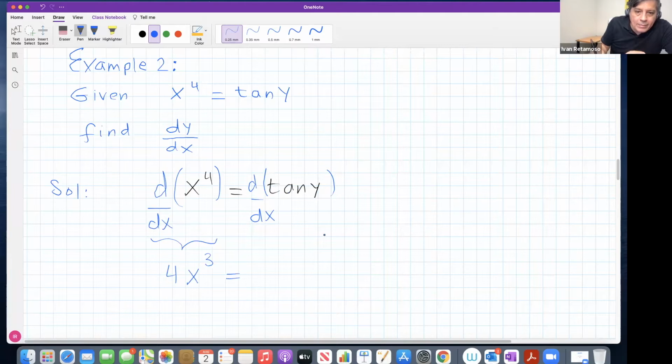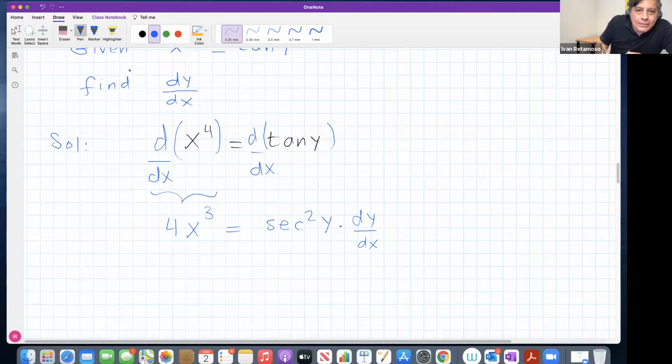So remember the practical rule that I gave you. The derivative that comes to mind for tangent of y, knowing that the derivative of tangent is secant squared, is just this, right? Secant square of y. But since this is not x, it's y, right? You have to attach dy dx, right? It's like the derivative of the inside function.